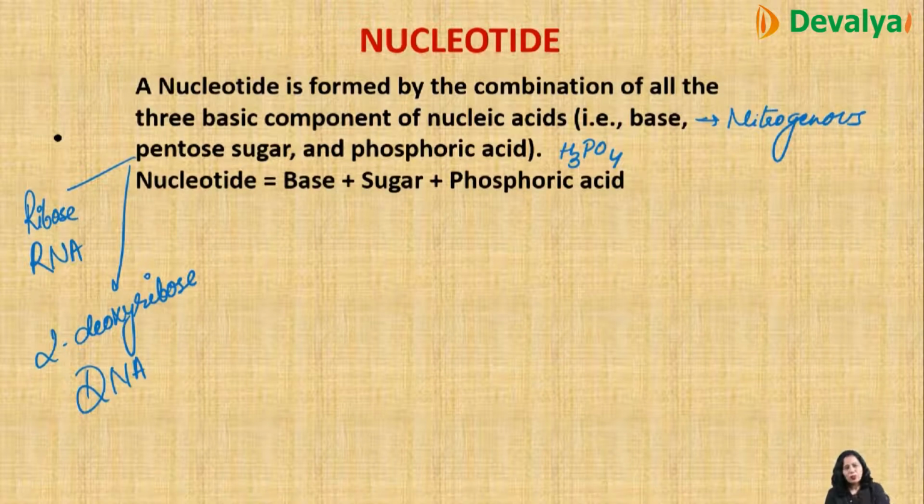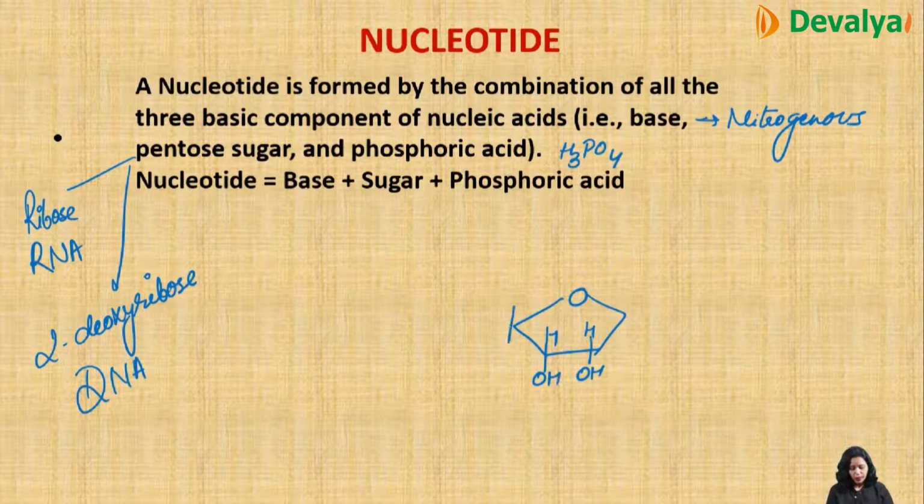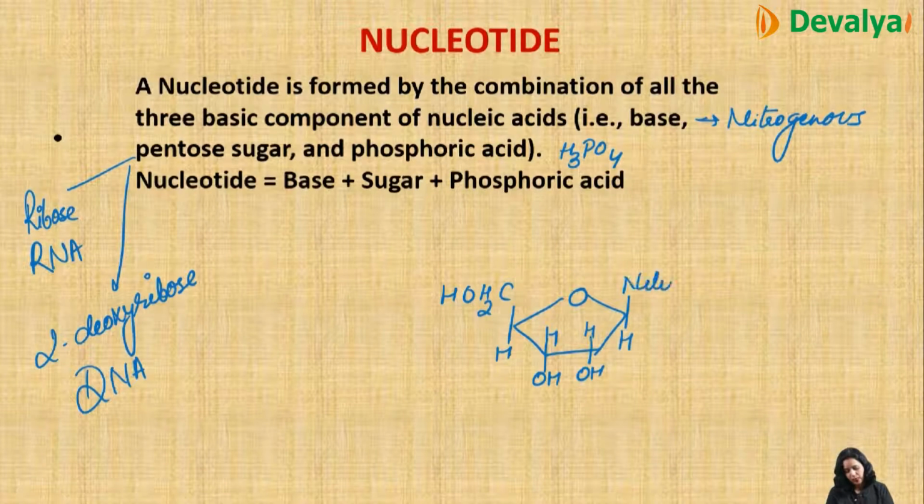Now we'll draw the structure of the nucleotide. In this we have H, OH, H, OH, then H, and then CH2OH. Then here is H, and here you can write the nitrogenous base.